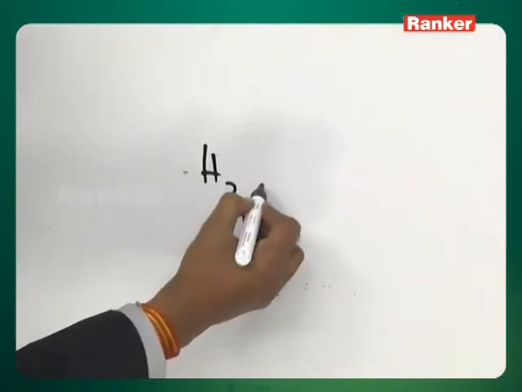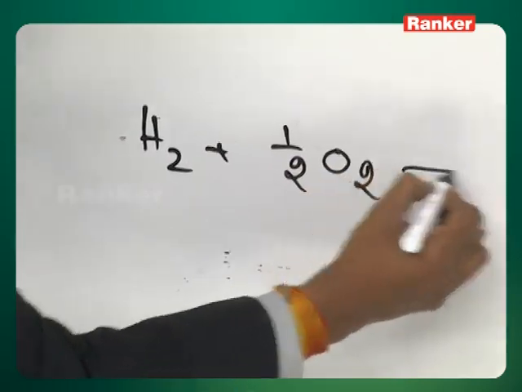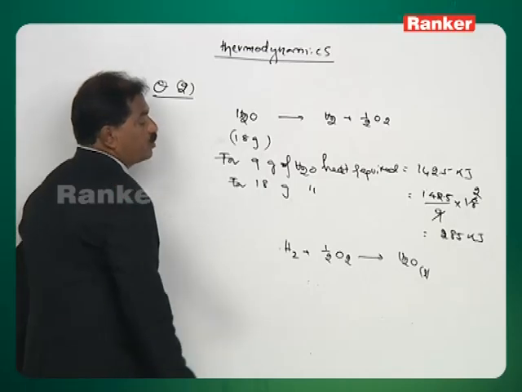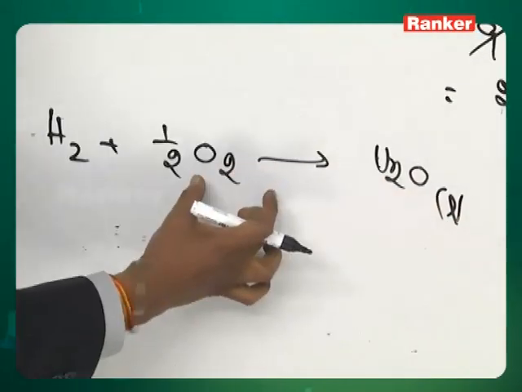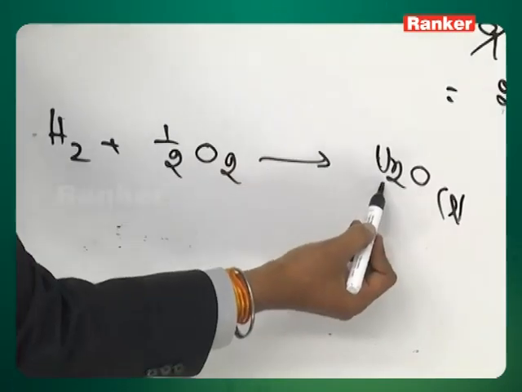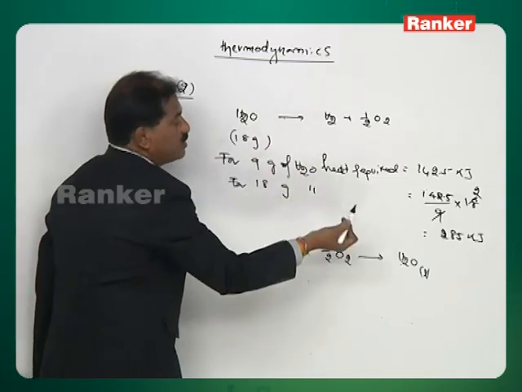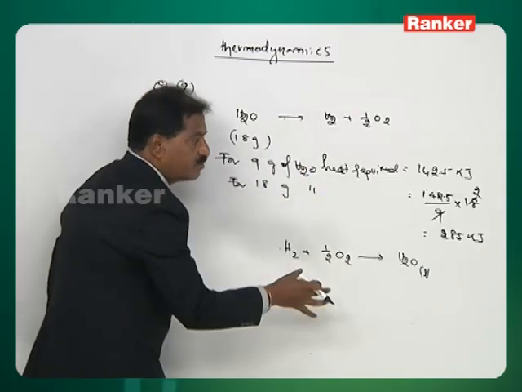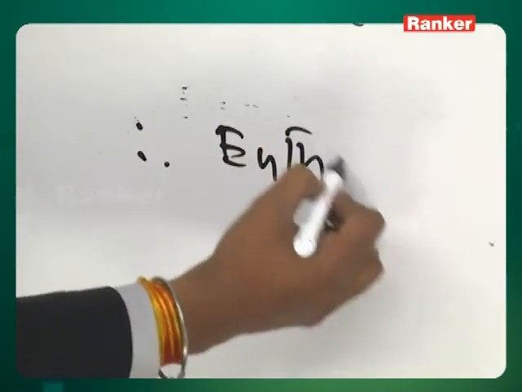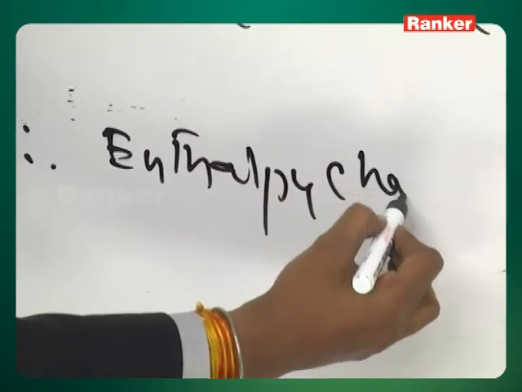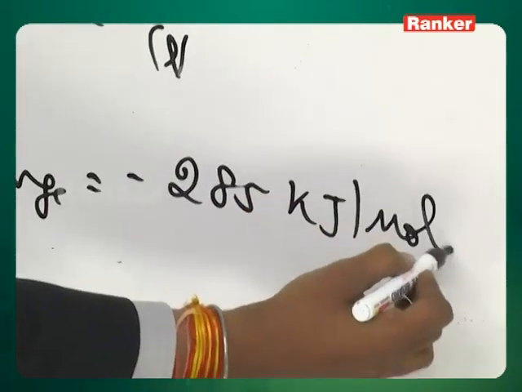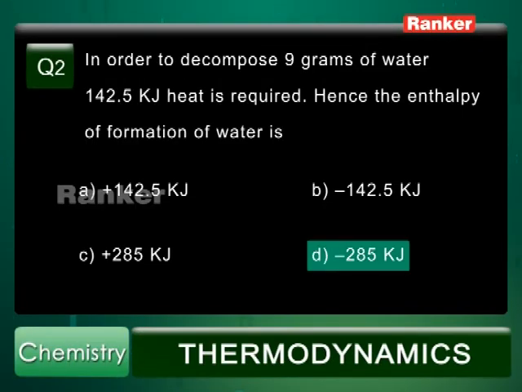For that purpose, first construct the formation reaction for water. While constructing the formation reaction, first put 1 mole of water on the product side, then take the suitable moles of reactants on the reactant side. This formation reaction is exactly opposite to the decomposition reaction. Hence, the magnitude of the enthalpy change involved is the same but with opposite sign. Hence, enthalpy change is minus 285 kilojoules per mole. Therefore, answer is D.